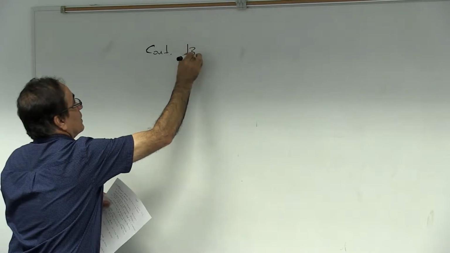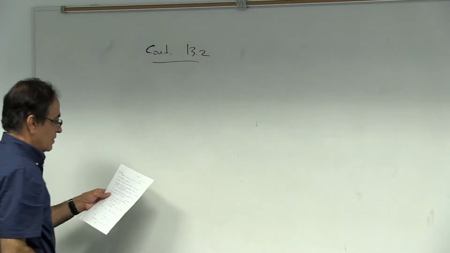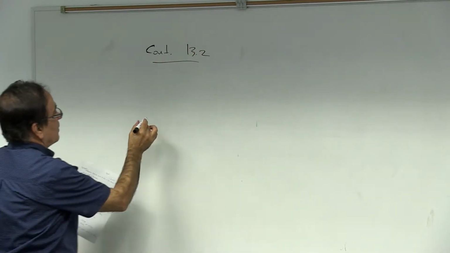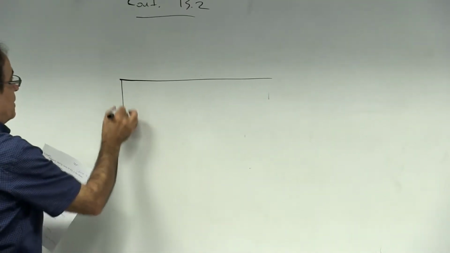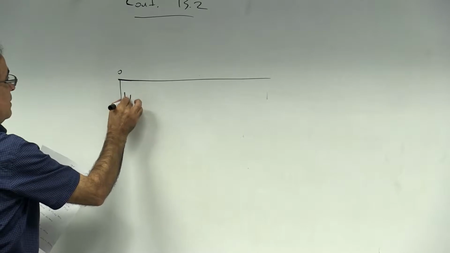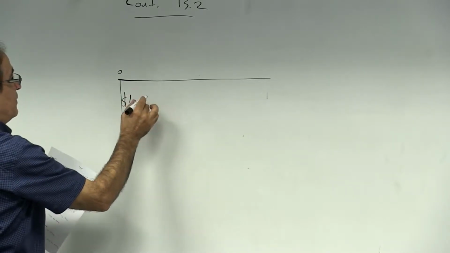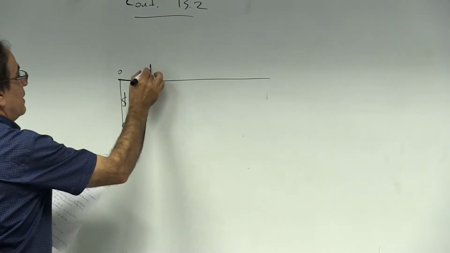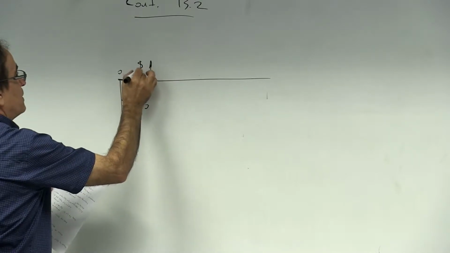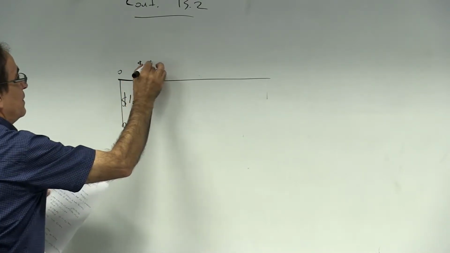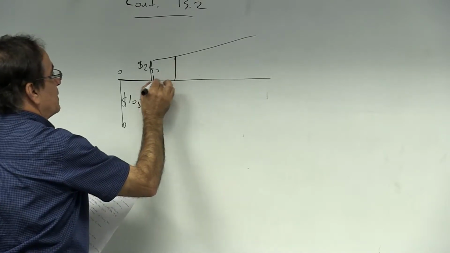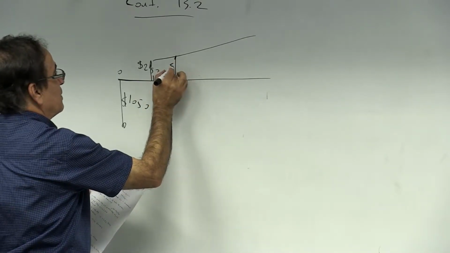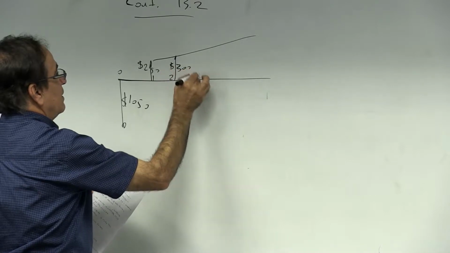example 13.2 here. So what we have to do is come up with a cash flow diagram for this alternative. So the initial cost is 1,050. Then your income the first year is 250, and it's going to increase by $50 every year. If this is year 1, year 2, the next one is going to be 300.